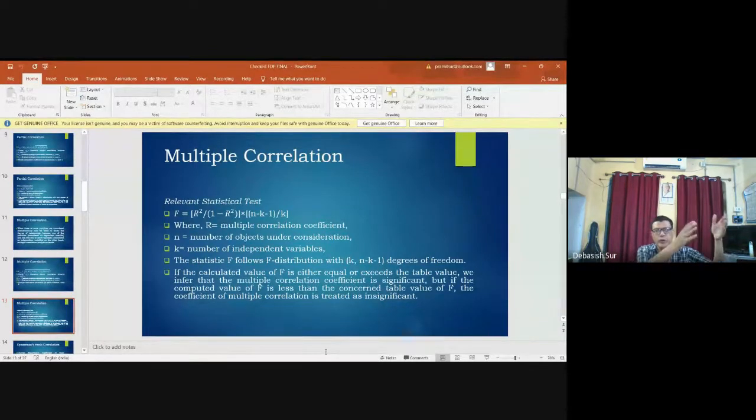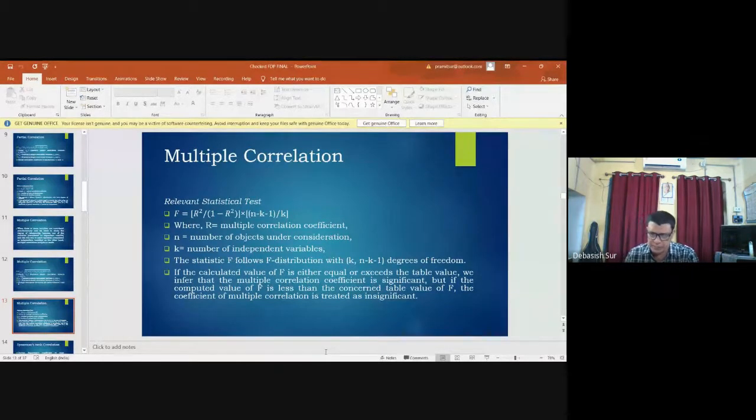If we consider 20 years of data, then n equals 20 and k equals 2. So 2 comma 20 minus 2 minus 1, that means 17. So (2, 17) is the degree of freedom.